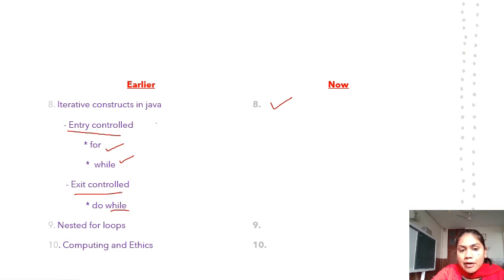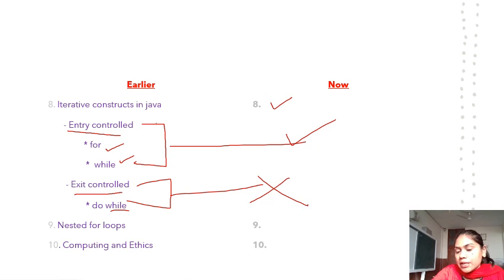This time you have to do only the entry controlled loop, that is only for and while loop statements. The exit controlled loop, that is the do while loop, is not in your syllabus. So the reduction is the do while loop from chapter 8, that is flow control 2. You have to do only for and while statements, no do while statement.